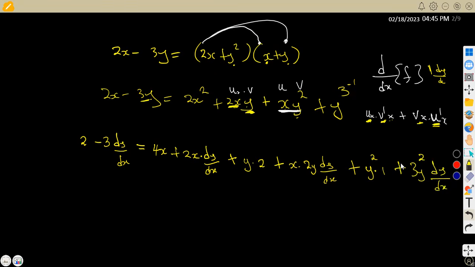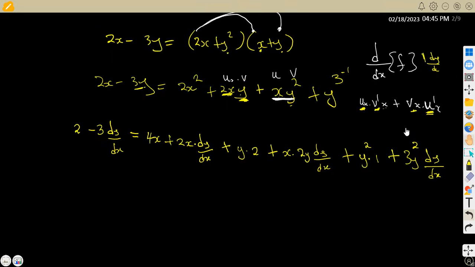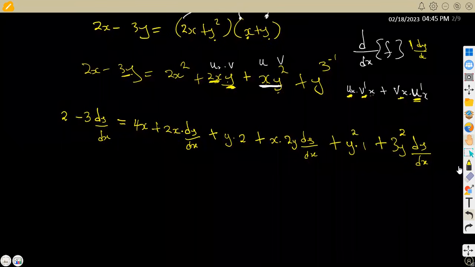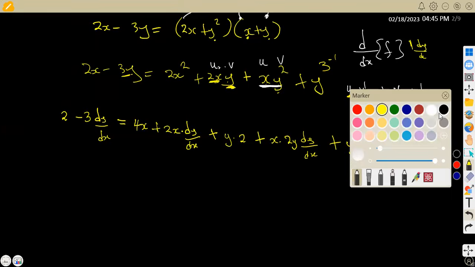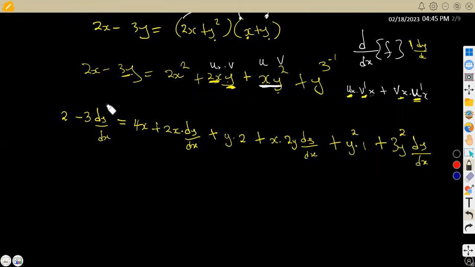Okay, so this is what we are going to have, guys, and we can simplify. As we are simplifying, let us try to collect terms with the dy dx on one side of the equation. We have got dy dx here, here, here, and here. So you can simply transpose, because as you can see, more of these are on the left-hand side, and they are on the right-hand side.